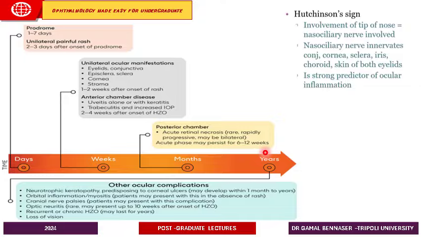But the most common is the acute corneal pathology in the form of dendritic or pseudodendritic ulcers, stromal keratitis, uveitis, and trabeculitis. And it should be remembered here that glaucoma can happen, and this is usually due to associated trabeculitis.